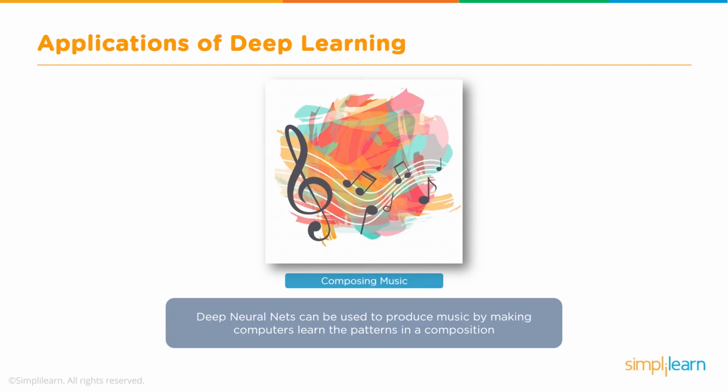In addition to that, nowadays there is a special type of neural network called generative adversarial networks, which can be used for synthesizing images or music or text and so on, and they can be used to compose music. So the neural network can be trained to compose a certain kind of music.